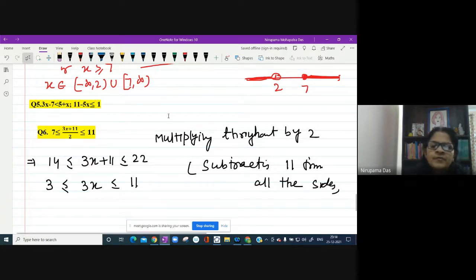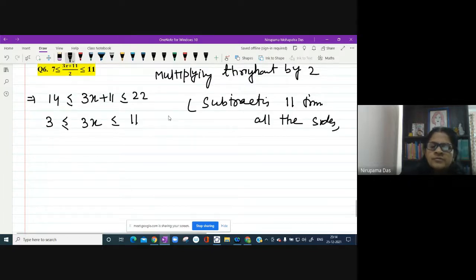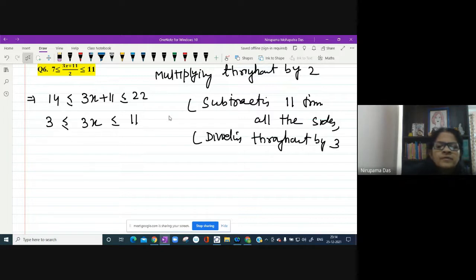We want x, so divide throughout by 3. So 1 ≤ x ≤ 11/3, or you may write x belongs to the closed interval [1, 11/3].